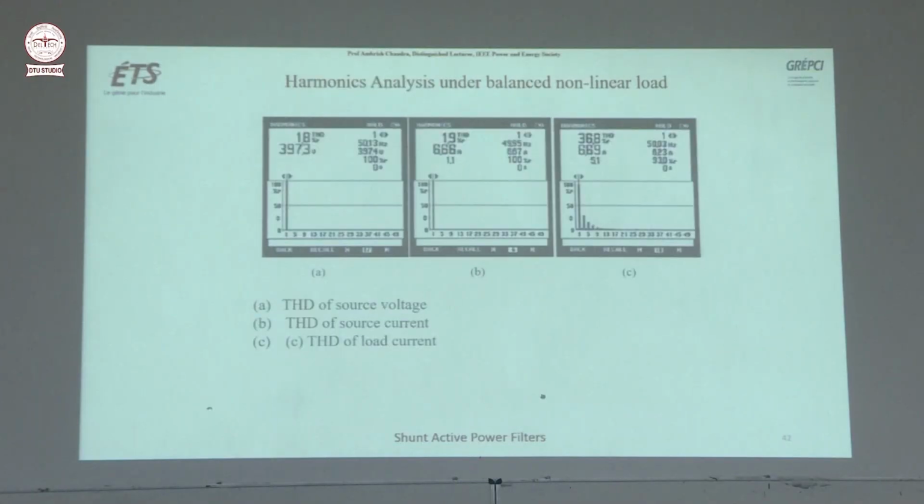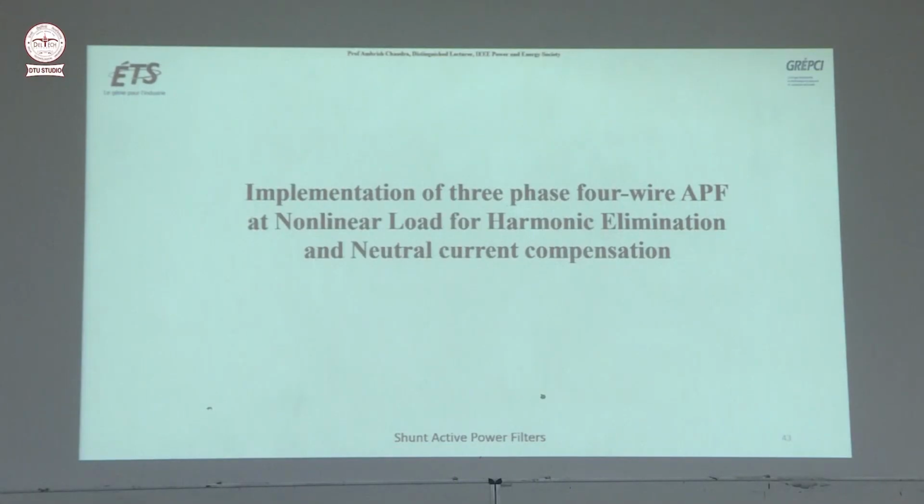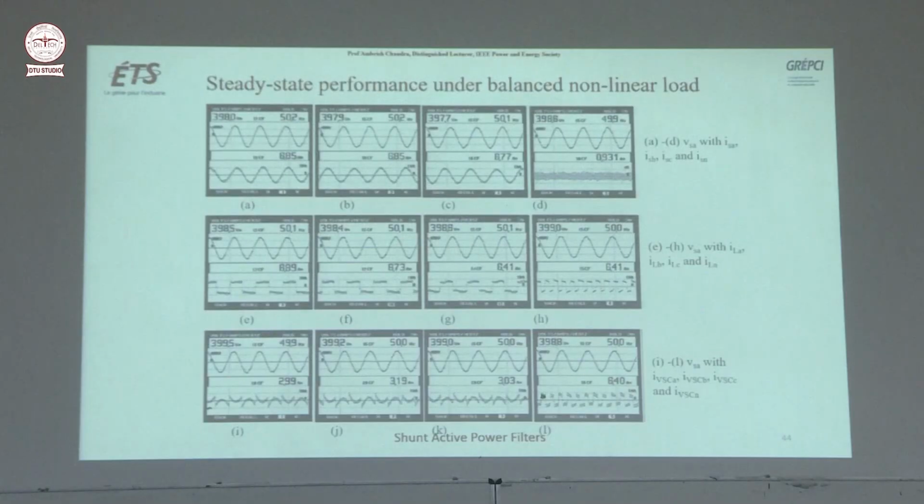Then there is some implementation, just to show here. This is the source 0, while the load, you see, because your load phase C is like this, has a load neutral current.